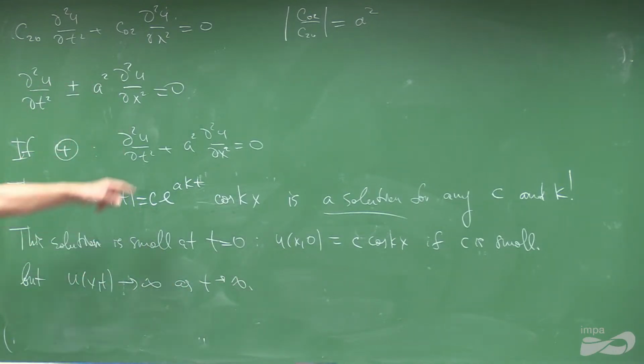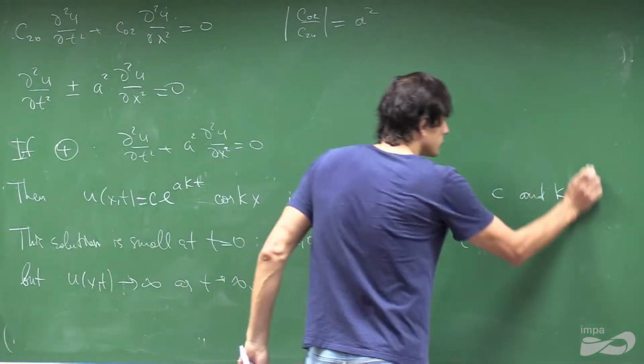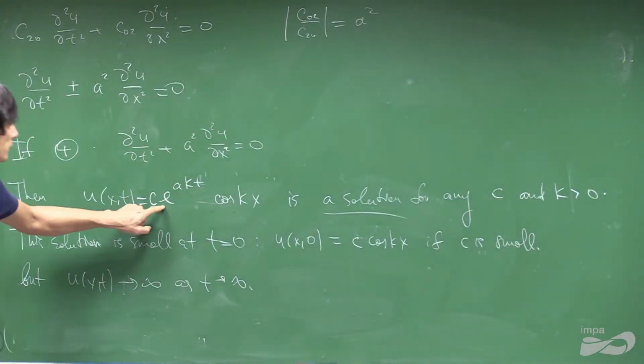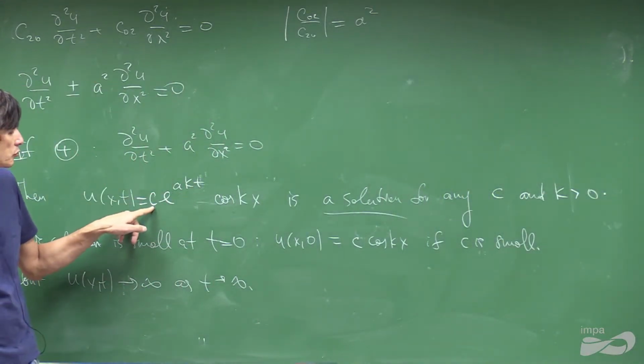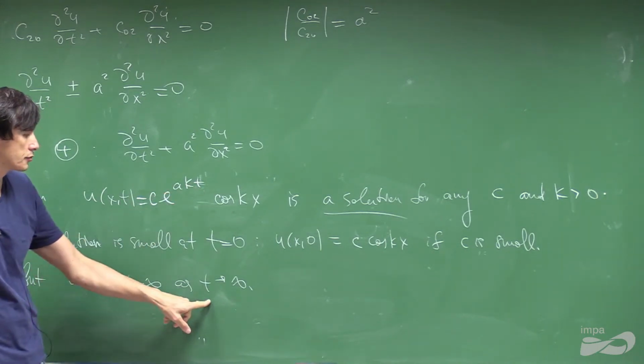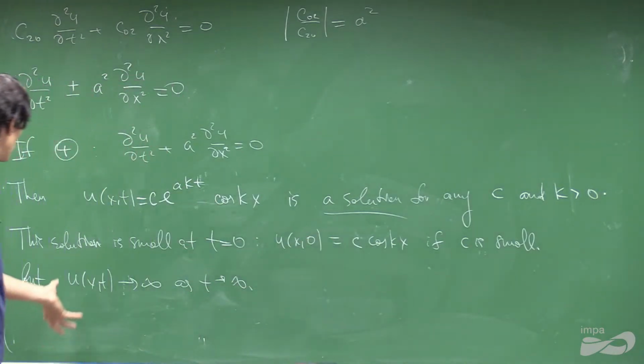Right? So let's take k positive. If you take k positive, whatever small c you take, it exponentially grows with time, so it becomes infinitely large. So you can start with an arbitrarily small initial condition and you always become very large at large times.